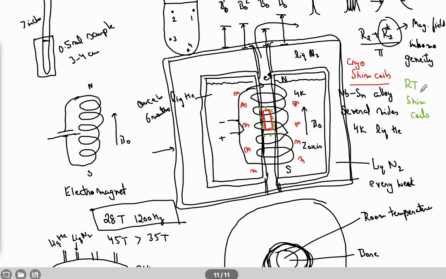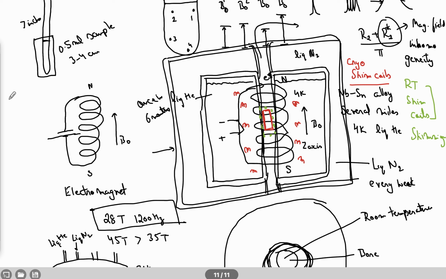With each sample the user has to do it. This is called shimming of the magnet. Okay, so the shimming protocol is done by perturbing the current in the room temperature shim coils.